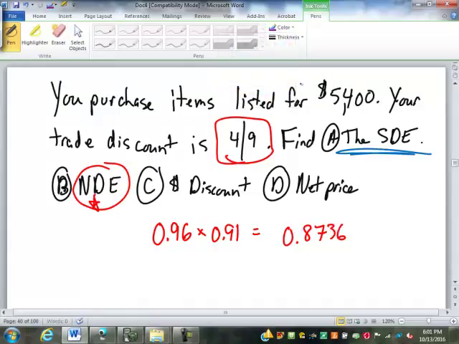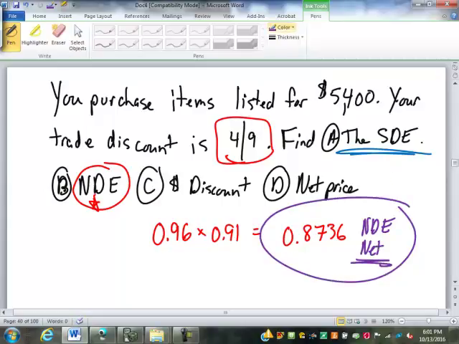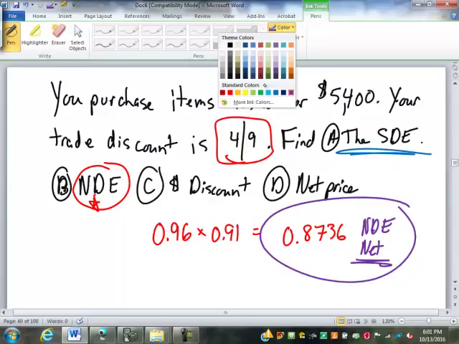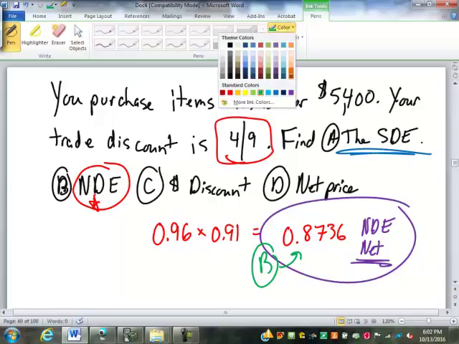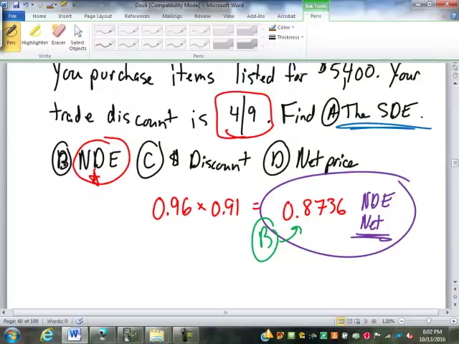What we just found there is the net decimal equivalent. Keyword there is net. So that is not our answer for part A. That's the answer for part B. To get the answer for part A, we need to do what? 1 minus, yes.